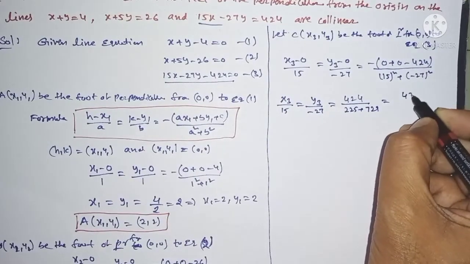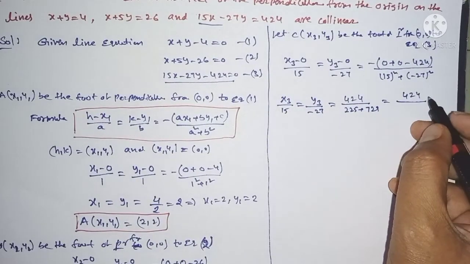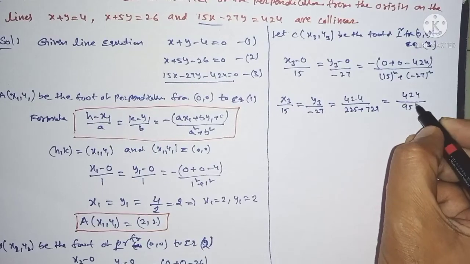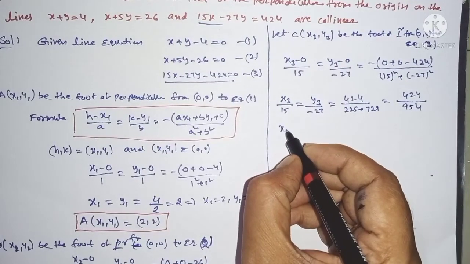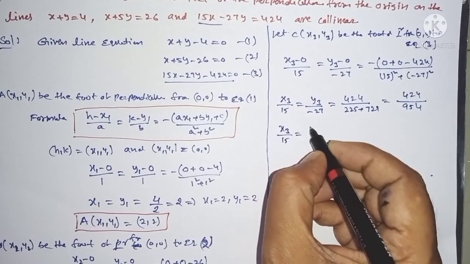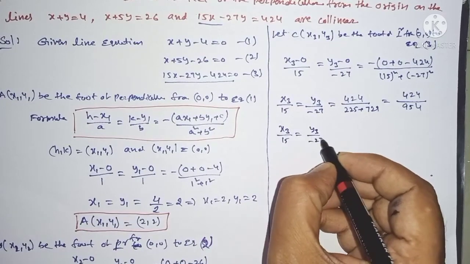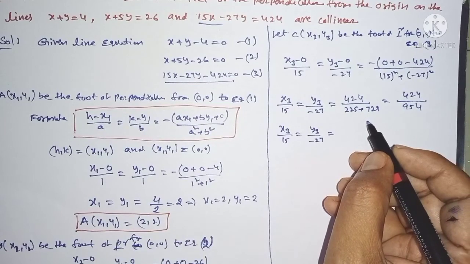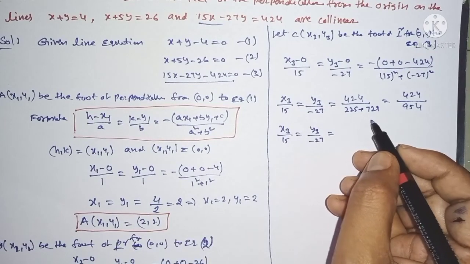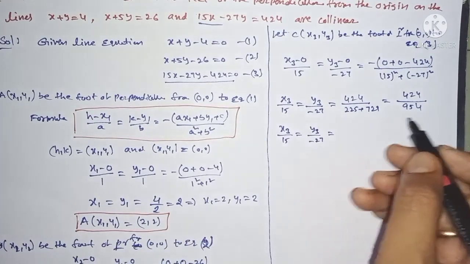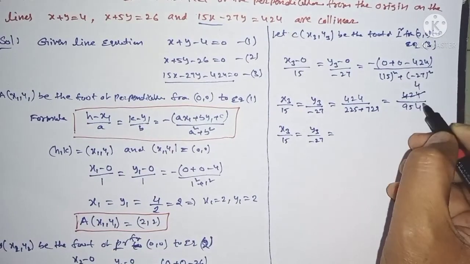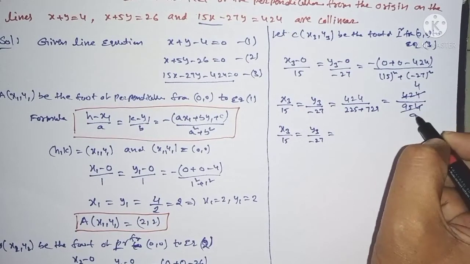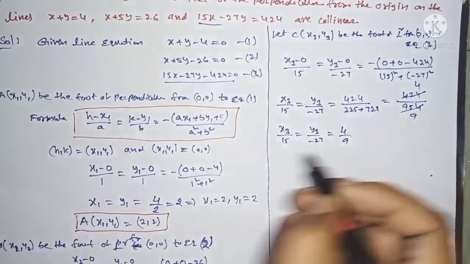You can get 424 by 954. x3 by 15 is equal to y3 by minus 27 is equal to, this cancellation you can observe here, divide with 106, what will we get here? 4 by 9.